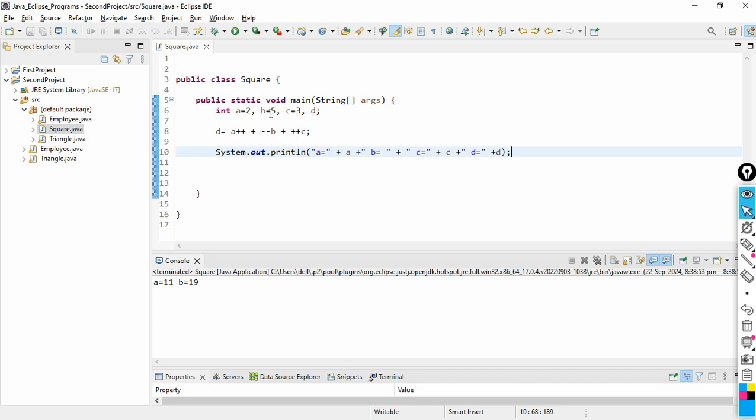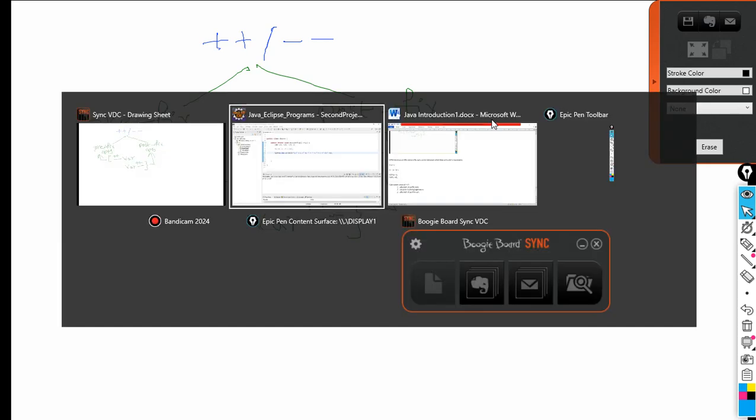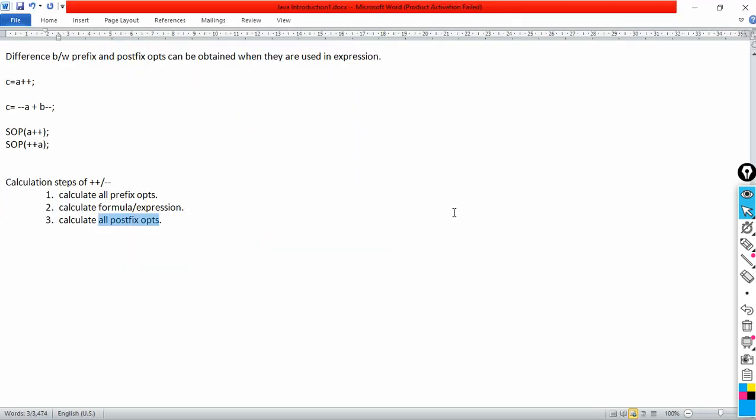So let me explain, what I mean to say is, here I am going to explain. But if I minimize, did I paste this particular thing? Yeah, pasted, no problem.